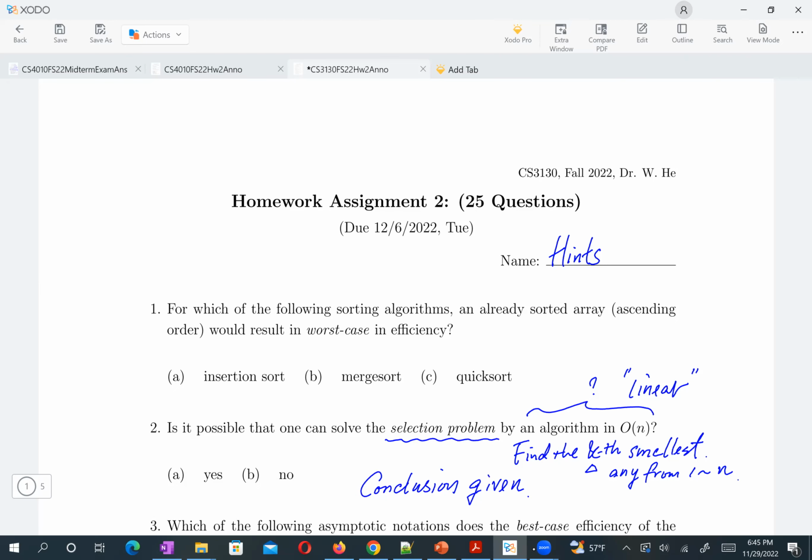All right, so let me stop here, and I posted this hint file, so you can use this hint file to help you complete your homework assignment number 2. All right, so that's it.